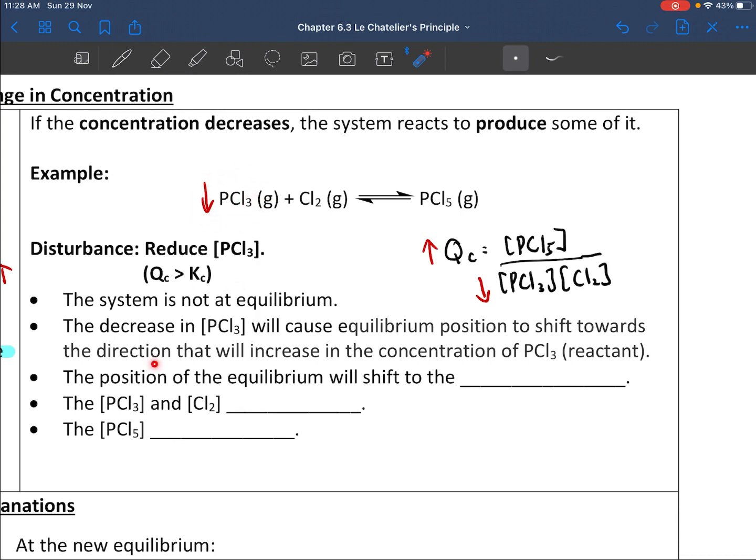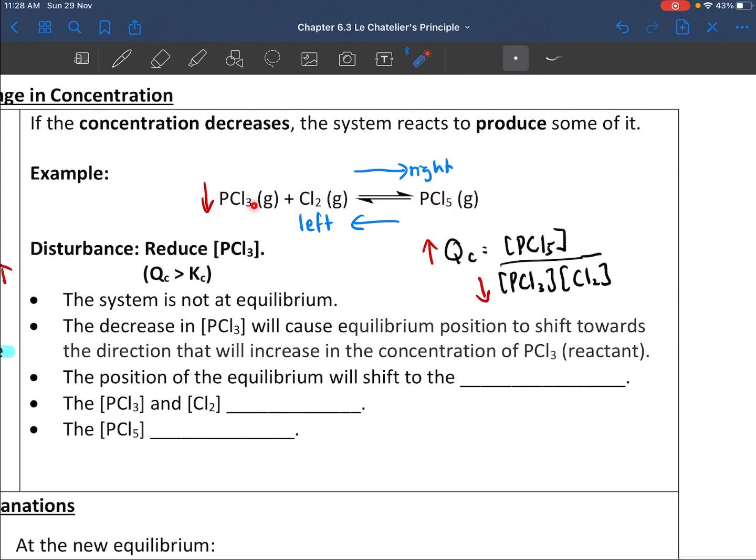Okay, so sebelum kita tengok explanation bawah ni, cuba kita fikirkan macam mana kita nak increasekan. Okay, so nak increasekan PCl3, kita ada dua pilihan lah, sama ada nak shift to the right ataupun shift to the left. Okay, so kita fikir logik. Kalau kita shift to the right, that means PCl3 akan react dengan Cl2 menghasilkan PCl5.